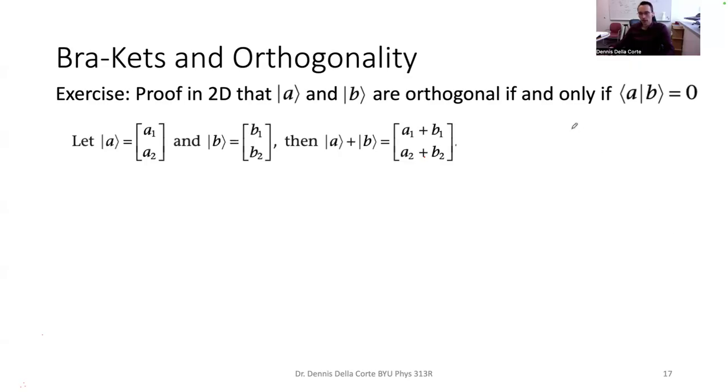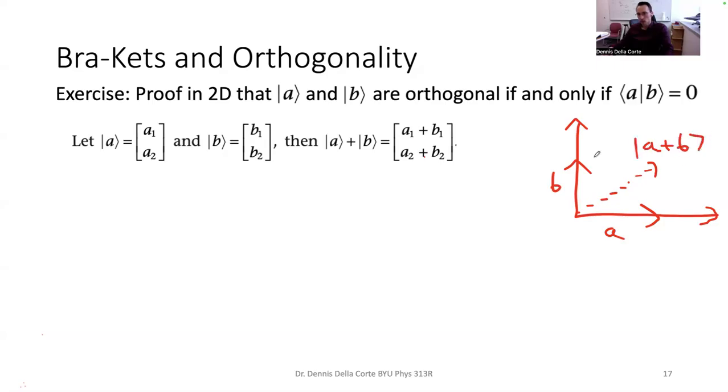We have effectively two vectors, a vector A that might point here, a vector B that might point here. And now we just calculated that there is this other vector A plus B. Right, and we can say that they're all column vectors. Great.